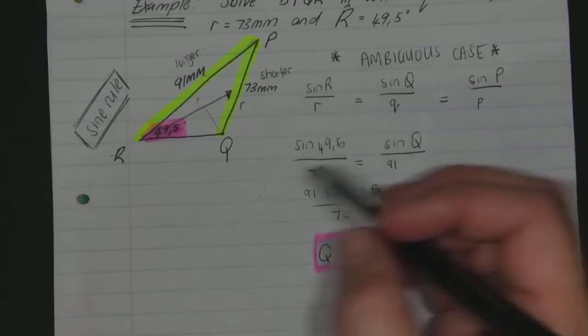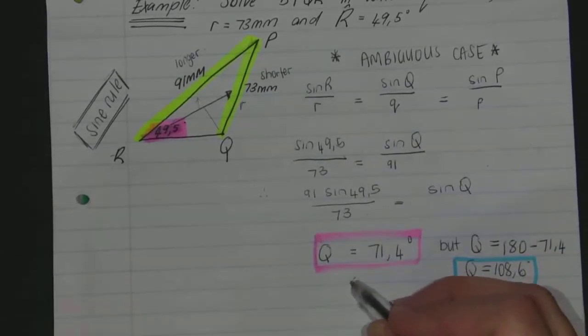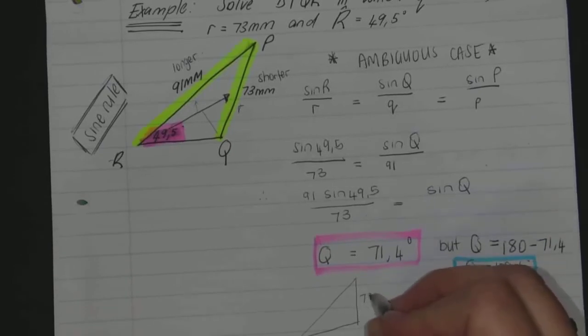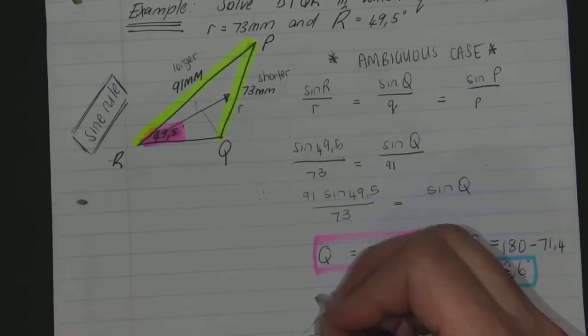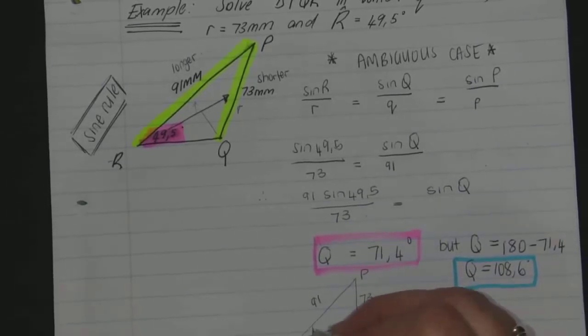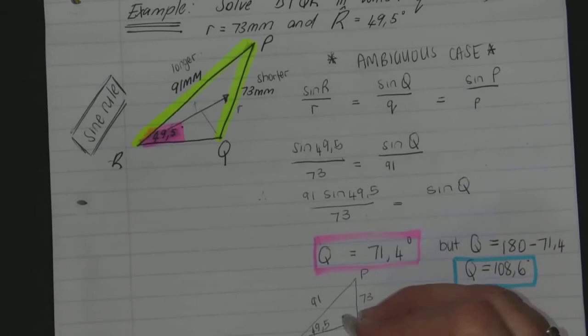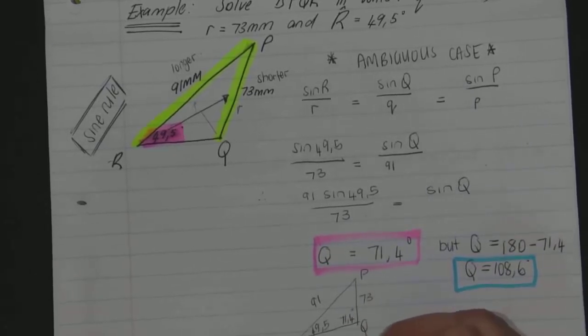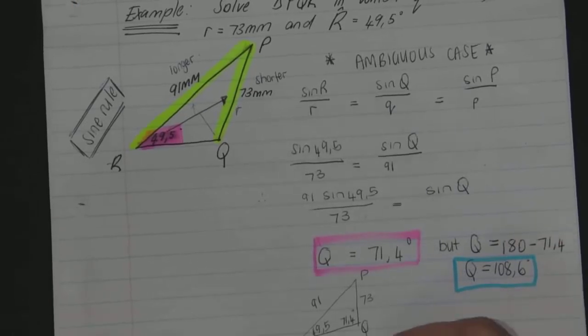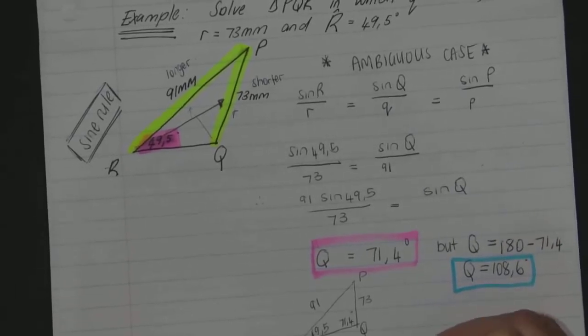So this means that I have 73 for Q, 91 for R, and this is 49,5. We just worked out that Q is 71,4. That means I can get angle P is going to equal 59,1, and my reason for that is sum of angles in a triangle.